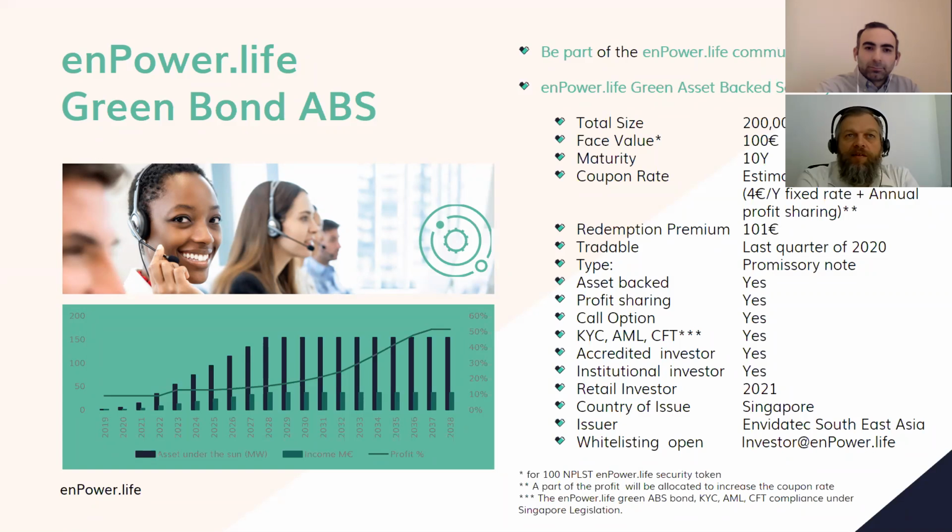As I said, the face value is 100 euros, so you can buy it in 100 euro pieces. Then we have the maturity time, which means at the latest in 10 years we pay these 100 euros back. The coupon rate is the yield every year.